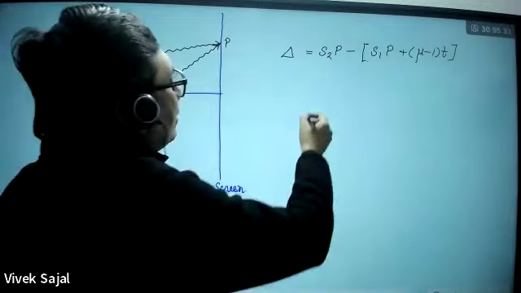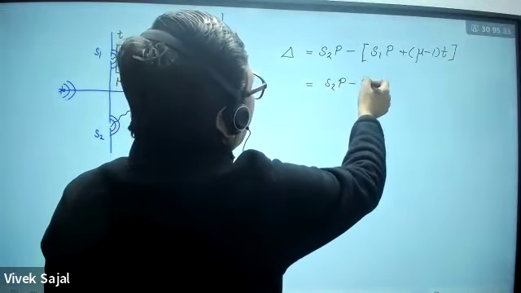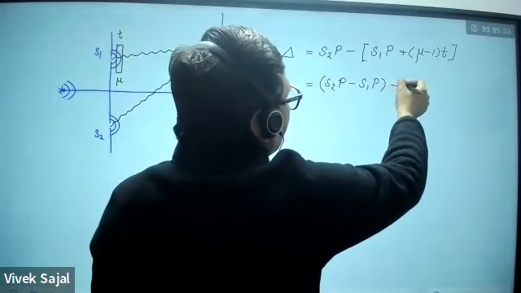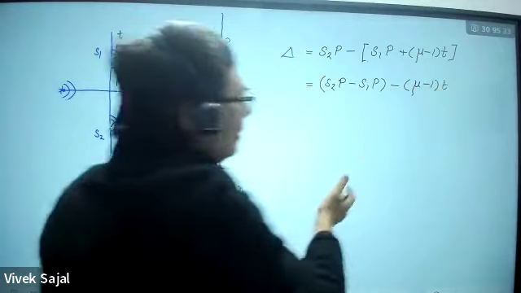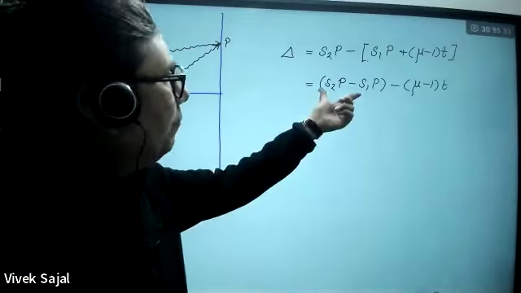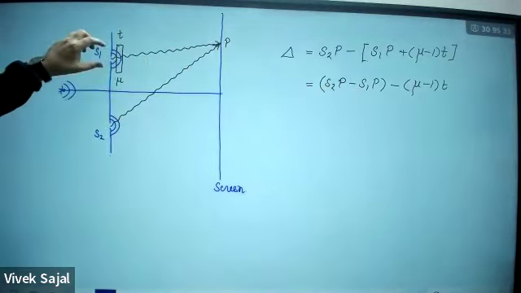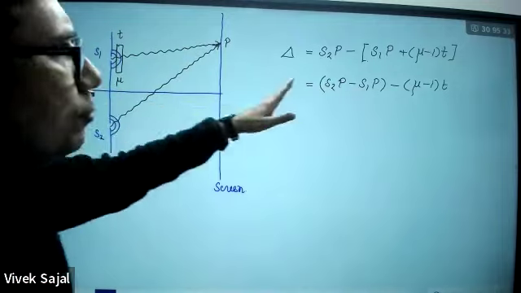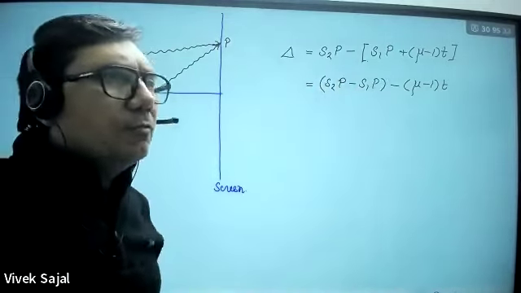Now, the path difference delta is S2P minus S1P minus mu minus 1 into T. Just before, in the starting of this lecture, I found this value from the geometry. S2P minus S1P, whether you introduce the glass plate or not, that geometry is still applicable, and mu was not involved in it.